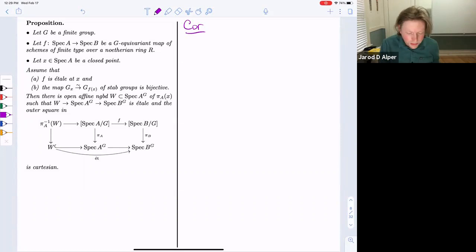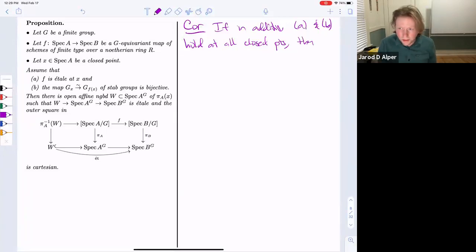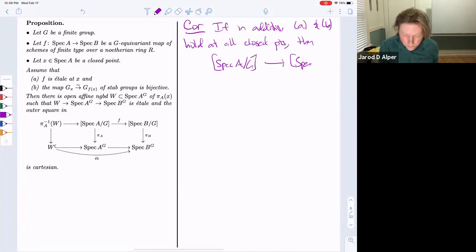So maybe let me just say that if in addition these two properties hold at all closed points, then we get globally that the map on quotients is étale. So then we get that this map is étale and it's Cartesian.